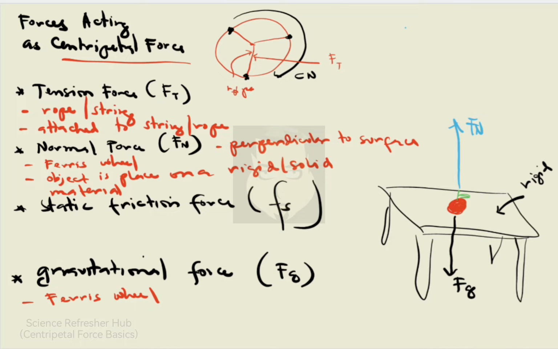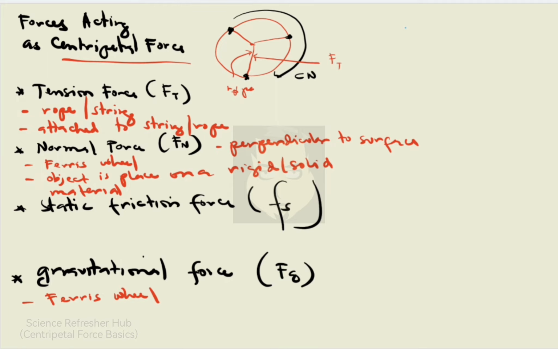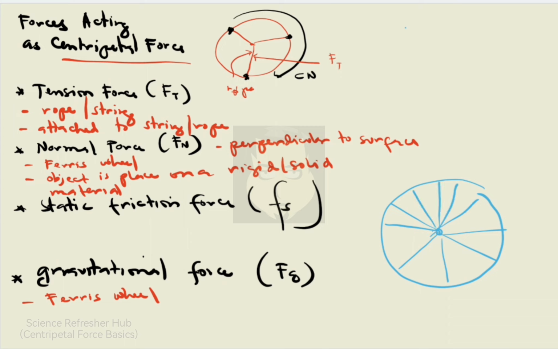As the Ferris wheel moves, I will try to show that in some time. Maybe I will try to draw it also. I will erase first this representation of normal and gravitational forces. And let's say we are in a Ferris wheel. In a Ferris wheel, there's no rope, but these are very rigid metal.